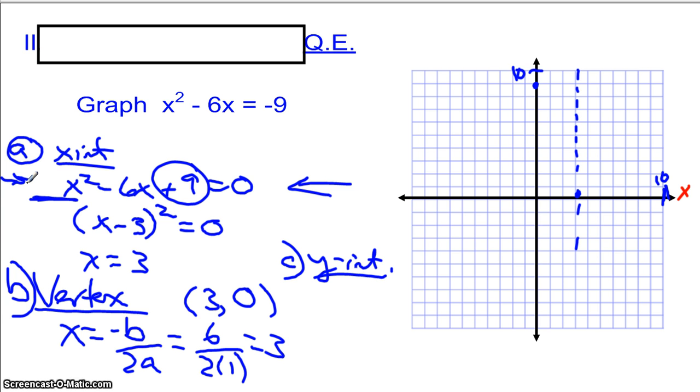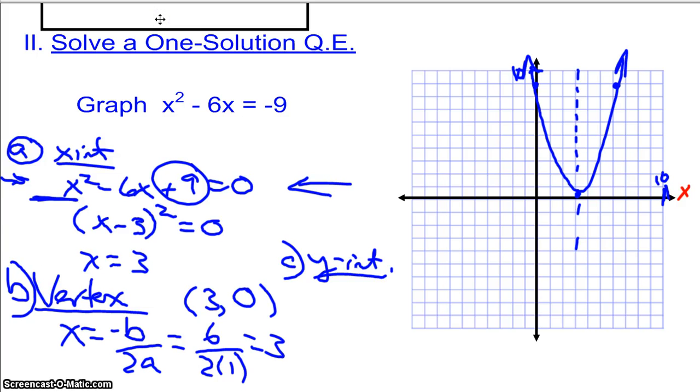So we reflect across it, and there's a 9, 3 units across from it, or 6 total units away from it. So there you go. And we do have enough information to graph the parabola. In this case, we only have 3 points, but that's enough, isn't it? So how many solutions does this have? 1. So that's what this says. A 1-solution quadratic equation.